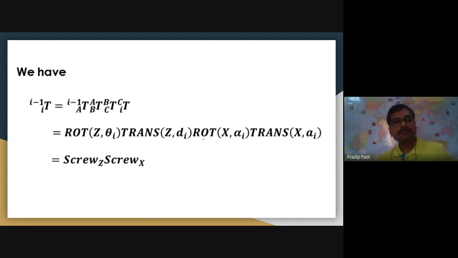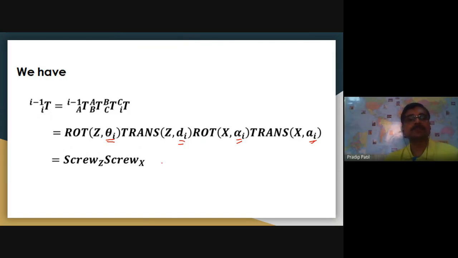Now, once we know all the parameters, let us look at them. Theta i is the joint angle, d i is the offset, alpha i is the twist angle, and a i is the length of the link. When we want to find out the transformation, generally it follows this. We will look at this in detail in the following session.